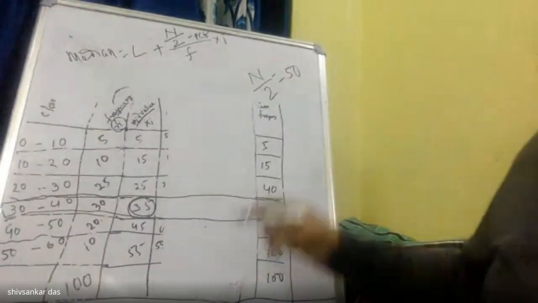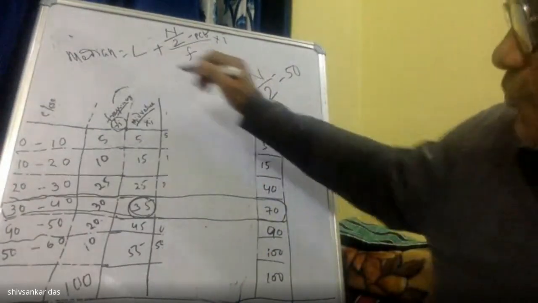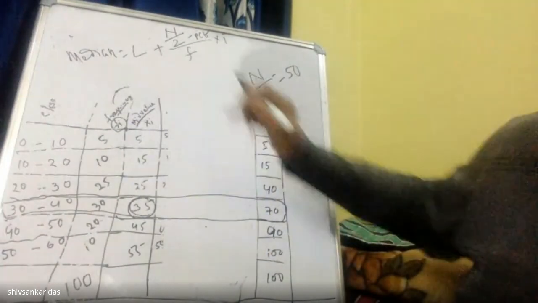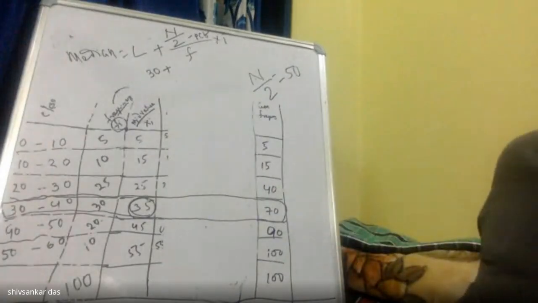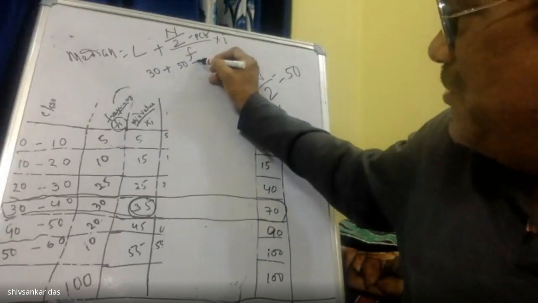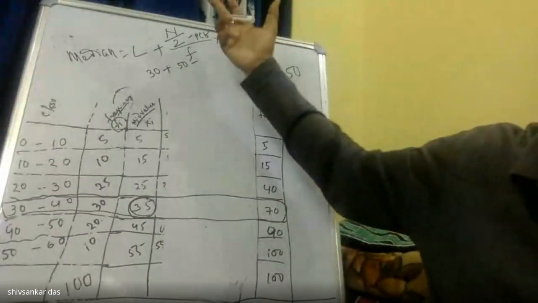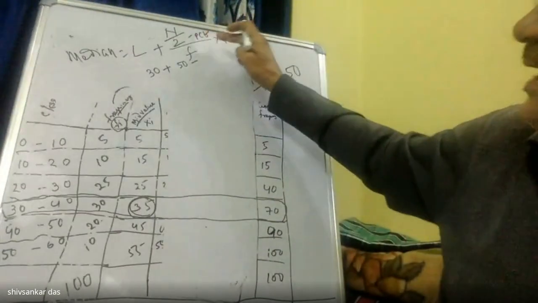So now I'll put in the formula. What is the lower limit of the median class? 30. Plus, what is n by 2? 50. Correct. Then minus previous cumulative frequency, PCF.